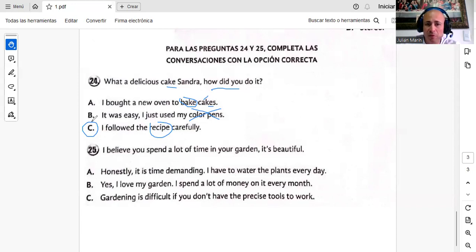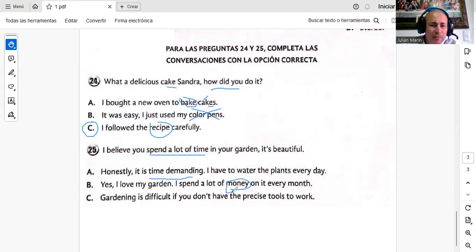So this one seems to be coherent because when we say time demanding and spend a lot of time, there is a direct connection. Let's see B. Yes, I love my garden. I spend a lot of money on it every month. So over here, we haven't mentioned money. So the economic factor was not relevant.